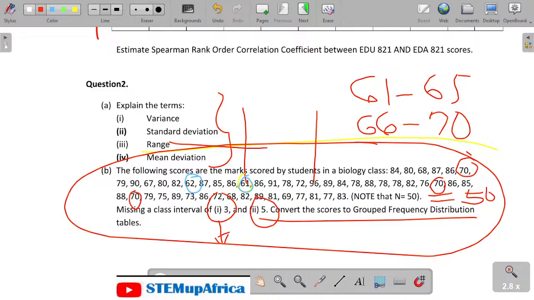So for 66 to 70, we've gotten 3 numbers already.